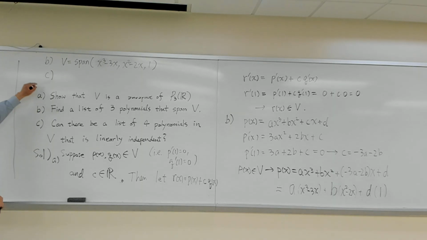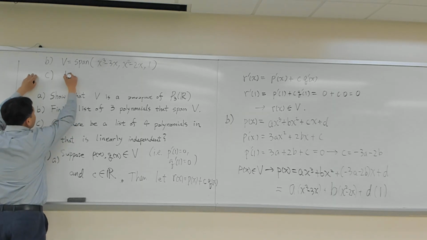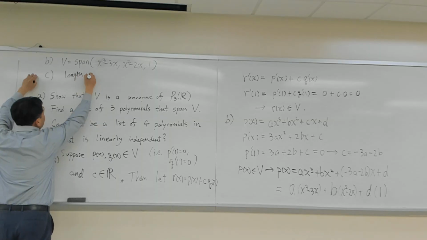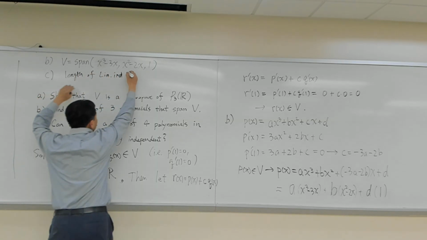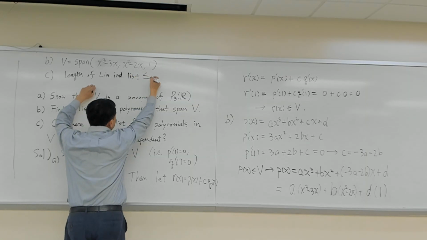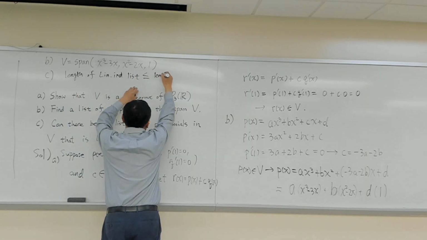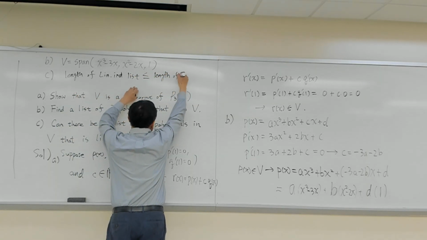You have to use the fact that the length of a linearly independent list is less than or equal to the length of a spanning list.